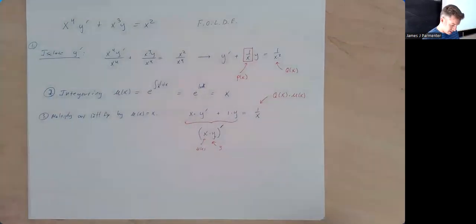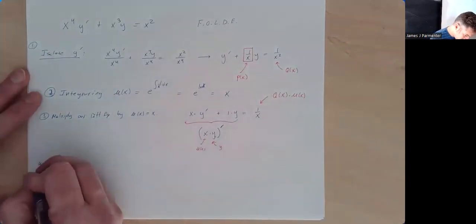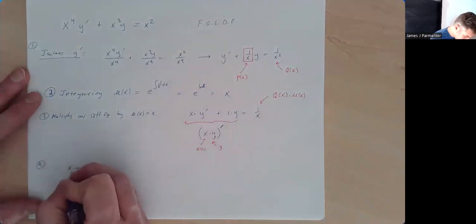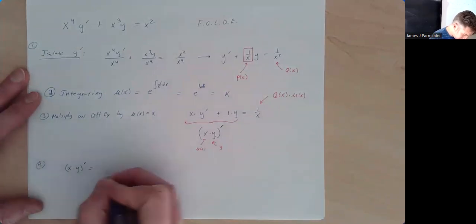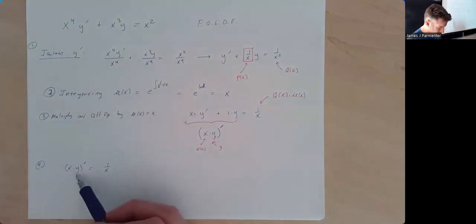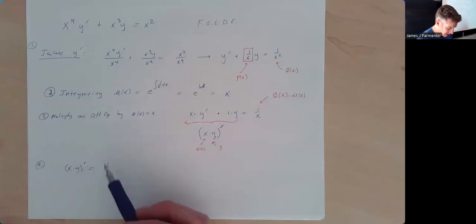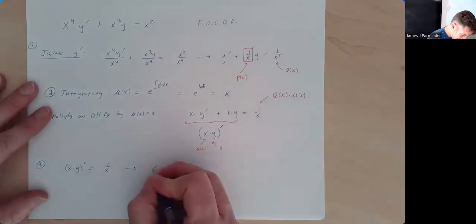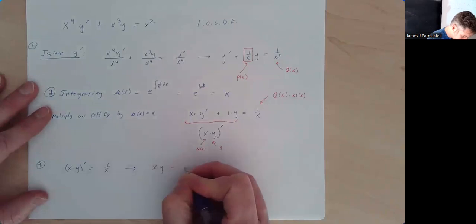So we've got the derivative of x times y equal to 1 over x. If the derivative of x times y is equal to 1 over x, then x times y is equal to the antiderivative of 1 over x.